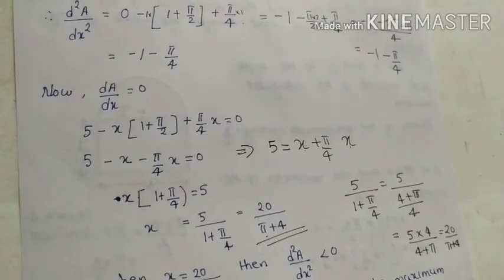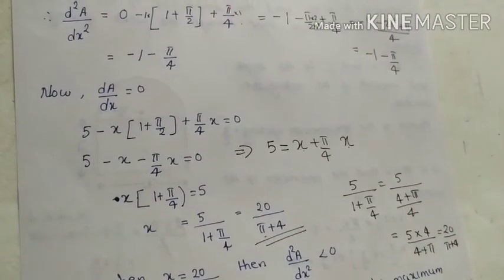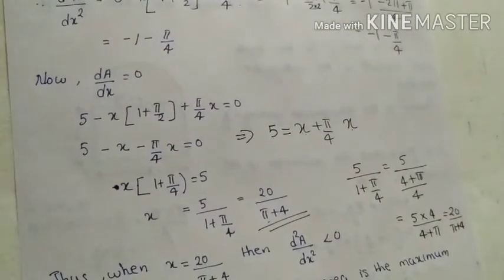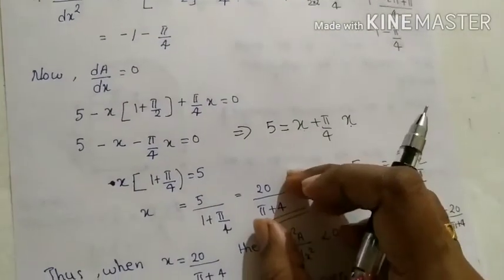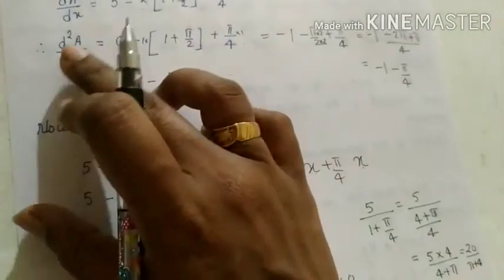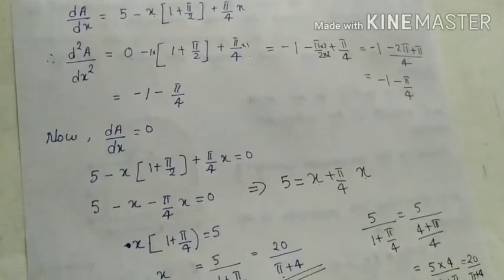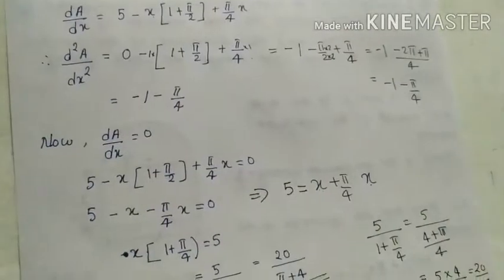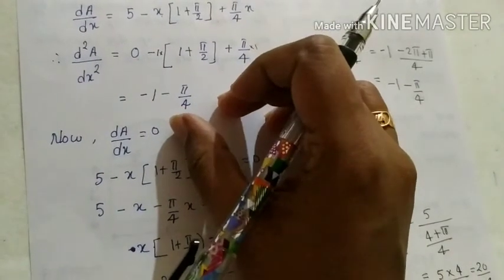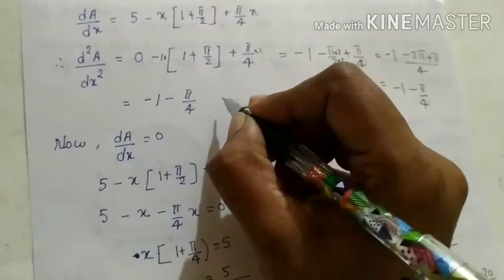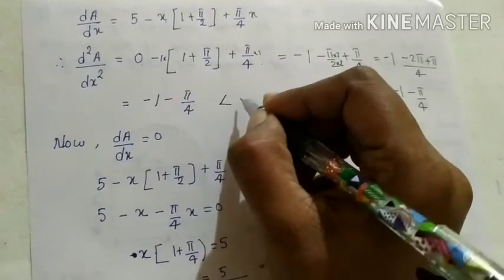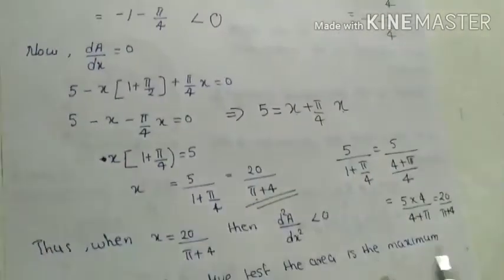So substituting the value of the critical point in our d square A by dx square, note that x is not present in our d square A by dx square, so it is always negative, that means we get less than 0.